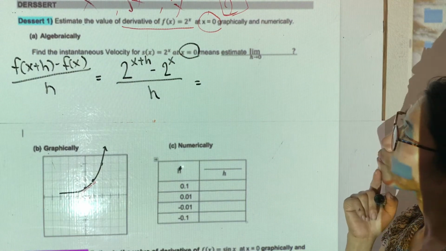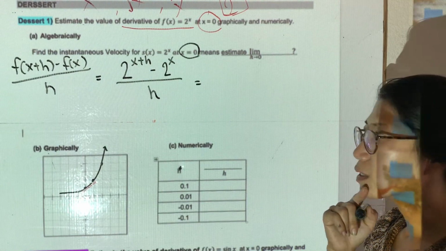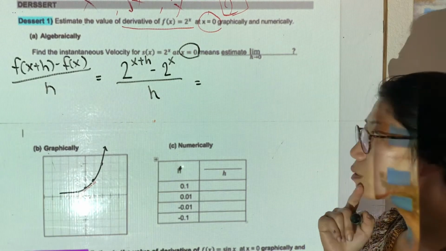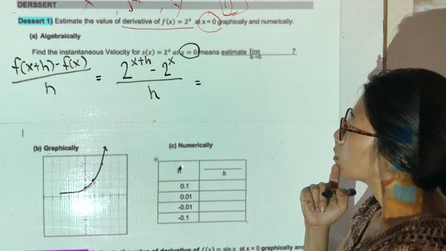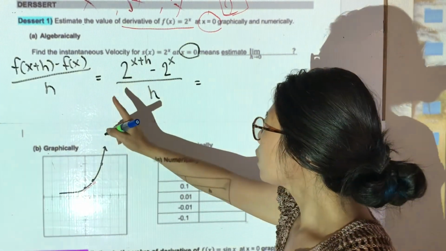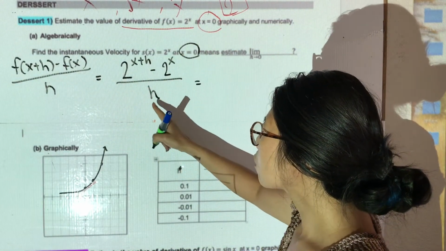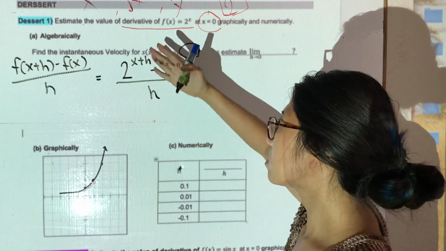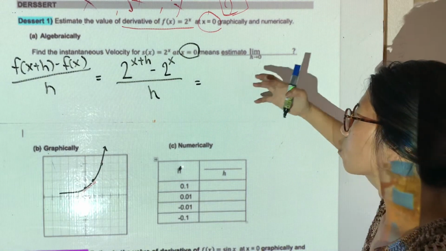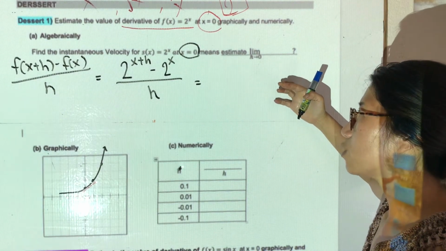However, when you look at this, can we solve this one? Earlier we could do some algebra to get rid of the h value and find the rate of change.